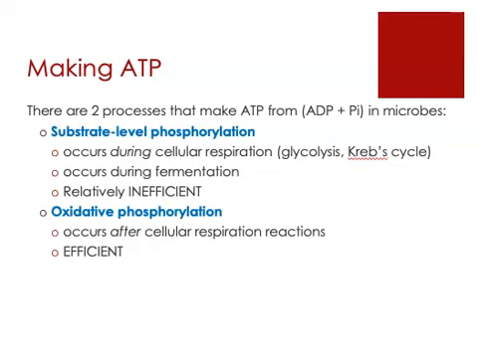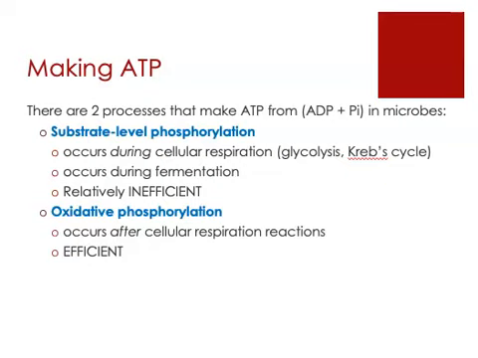It turns out that there are times during cellular respiration when substrate level phosphorylation is going to occur, and a little bit of ATP is going to get made. Specifically, there's a process during cellular respiration called glycolysis, and a little substrate level phosphorylation happens during glycolysis.